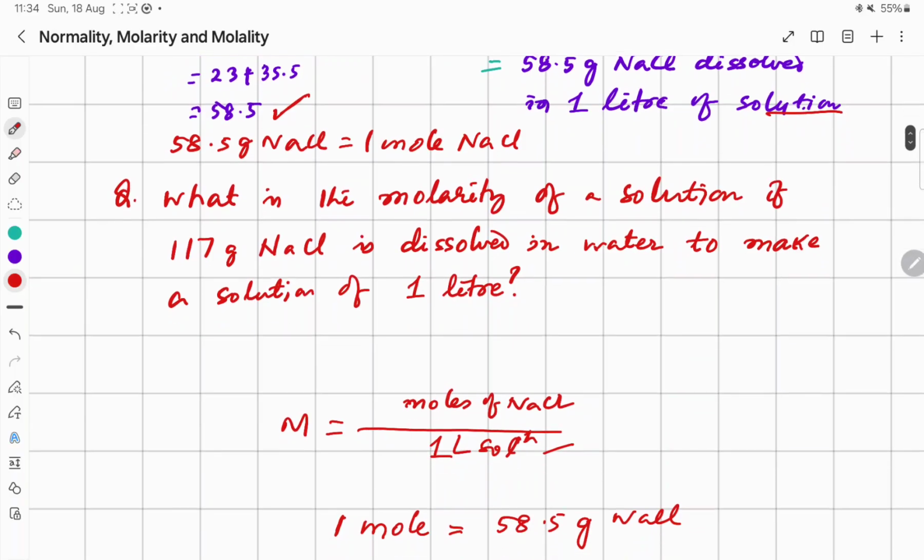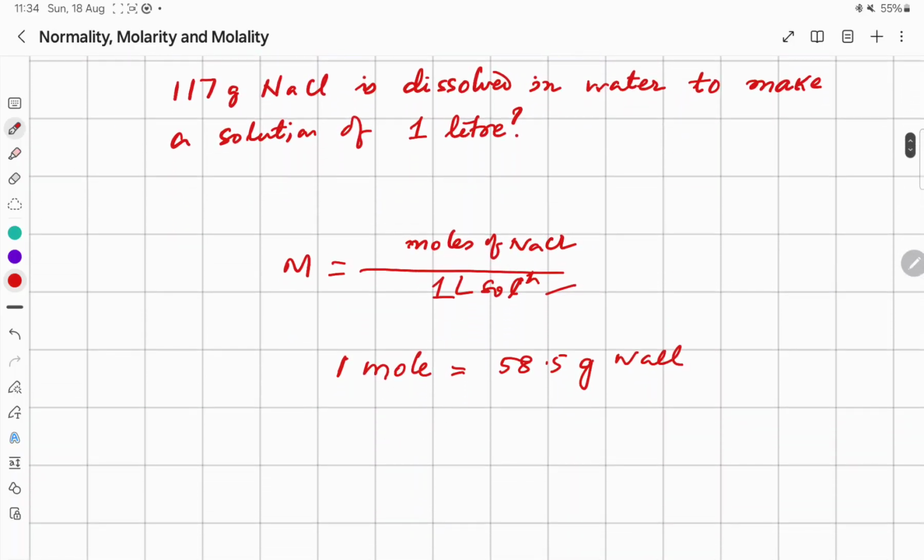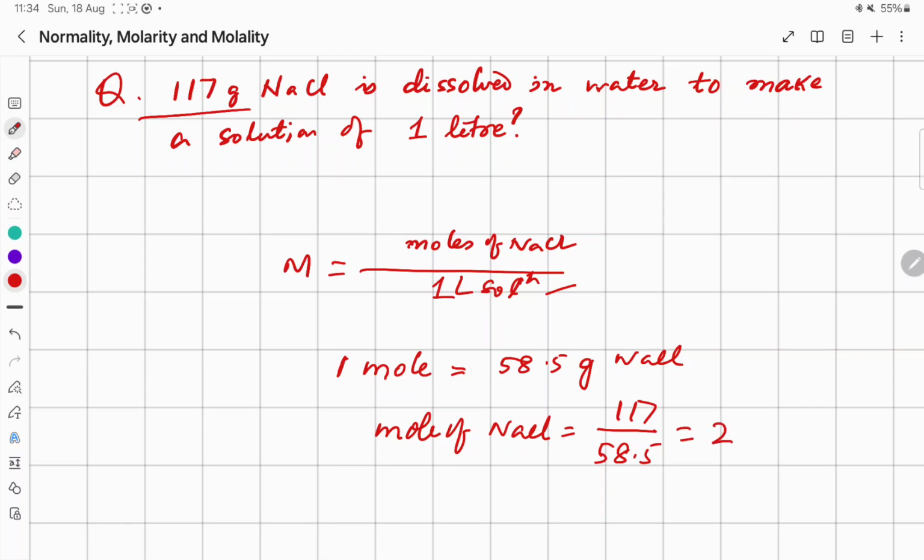So here moles of sodium chloride is equal to the mass given in the question, 117, divided by 58.5, the molecular weight, so 2 moles.